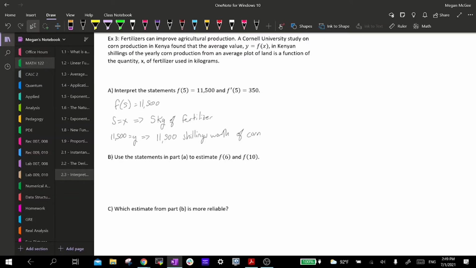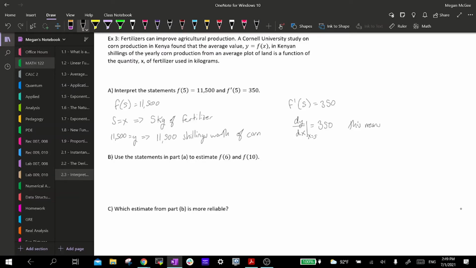Alright, so we interpreted the statement f of 5 is equal to 11,500, but now we need f prime of 5 is equal to 350. Remember, our derivative is the rate of change. So we have dy over dx in our Leibniz notation is 350, evaluated at x is equal to 5.